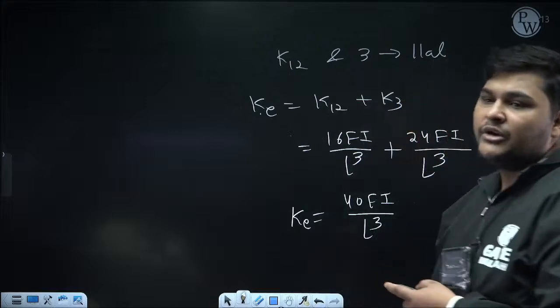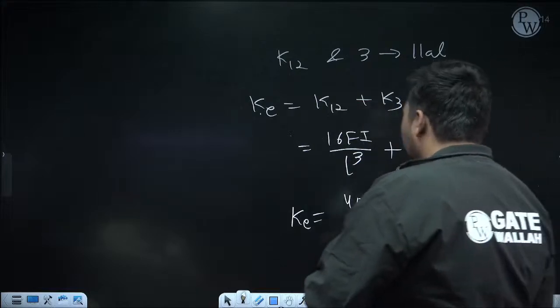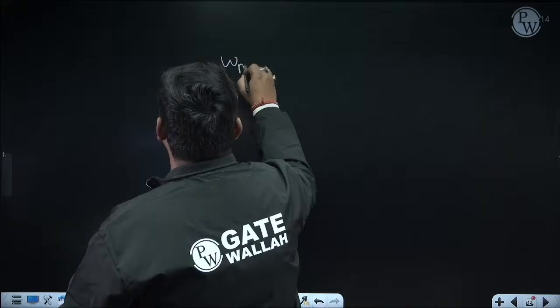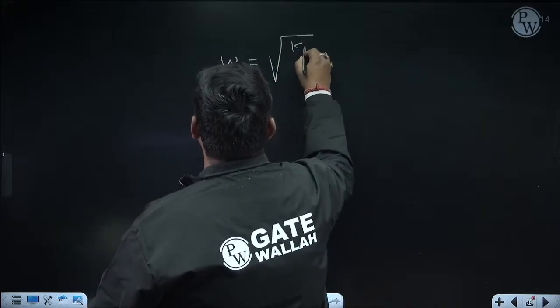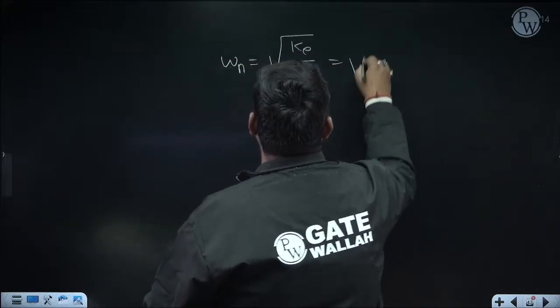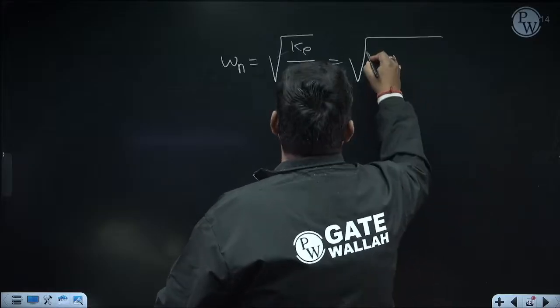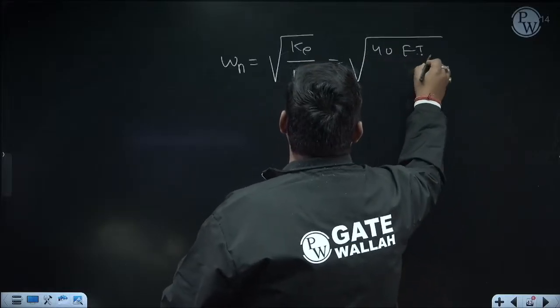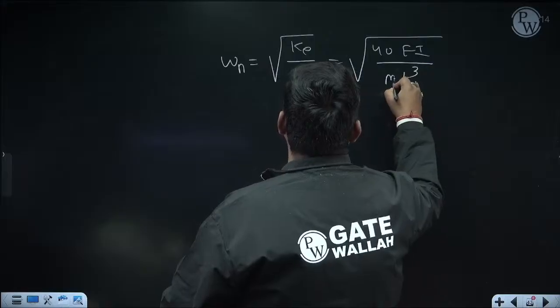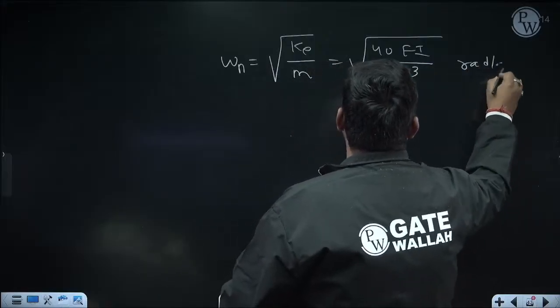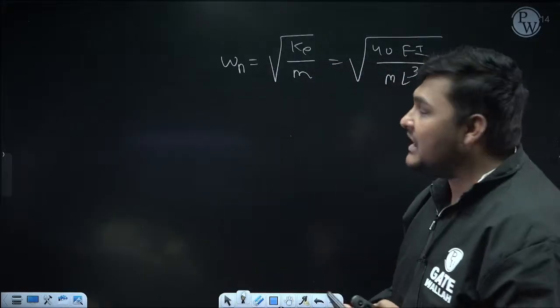And after calculating overall K equivalent, now we can calculate natural frequency of transverse vibration, that is omega n in radian per second. It will be root over K equivalent upon the value of mass m. K equivalent is 40 EI upon L cube and mass is m. Okay. So it is in radian per second. Now examiner is asking time period.